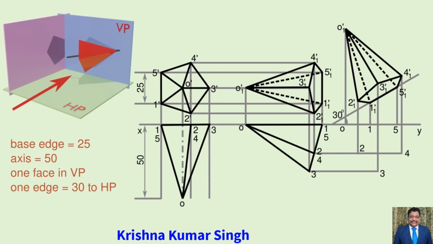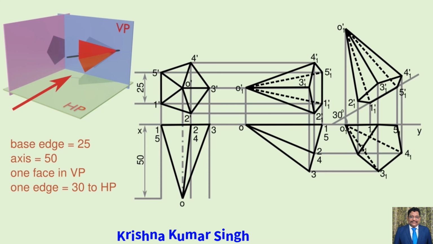Give nomenclature to the top view of step 3 as per the top view of step 2 and the front view of step 3. Like the point where the construction lines of O1' from the step 3 front view and O from the step 2 top view intersect, give that point the name O1. Similarly, obtain other points 11, 22, 33, 44, 55.